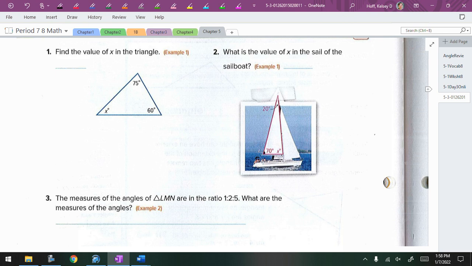Don't chicken scratch. You should be writing equations like we've done on every problem today. Can you have a decimal? Yes.